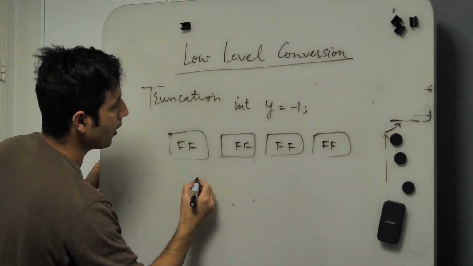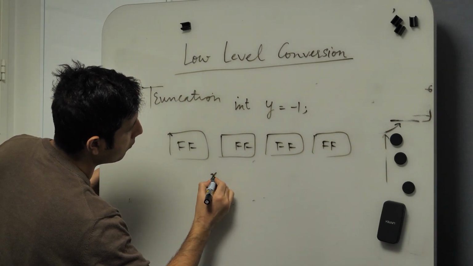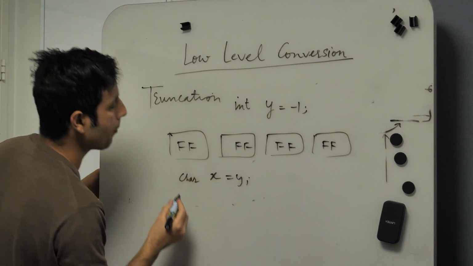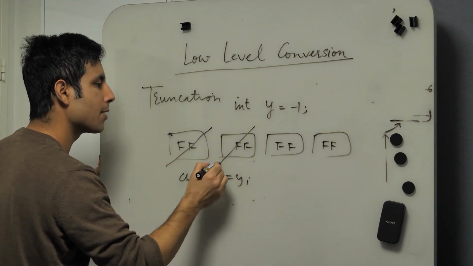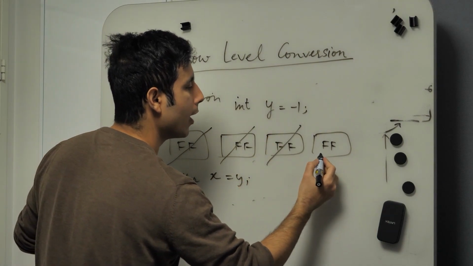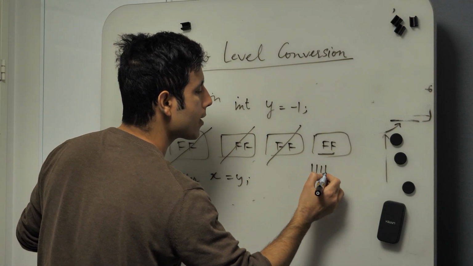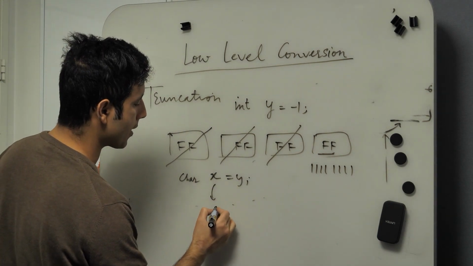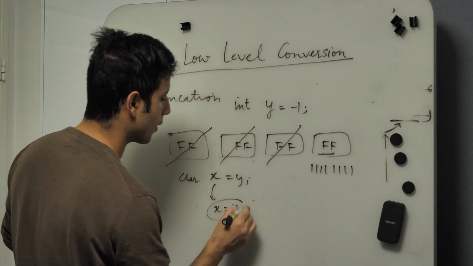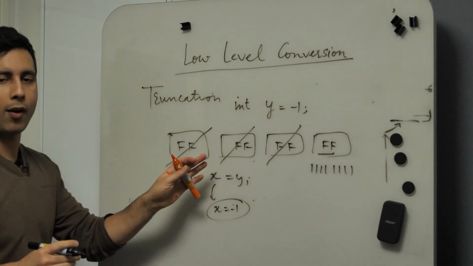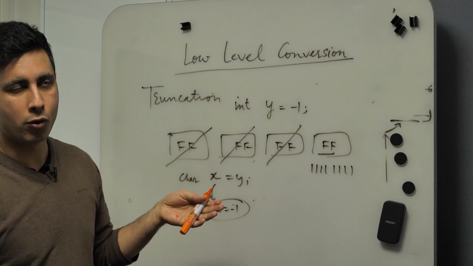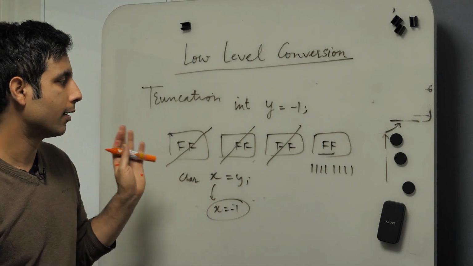And if you have another data type, say char x, and you equate, these bits get truncated, and what is left is all ones. So the value remains the same. Now x is also -1. And this is truncation. This is what typically happens on most implementations of C.